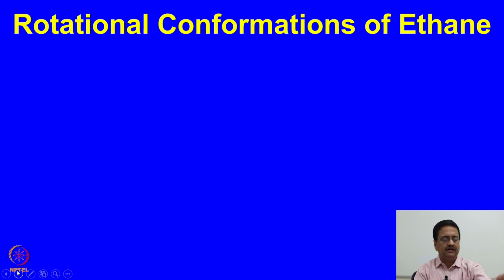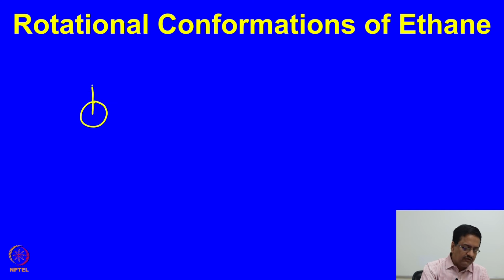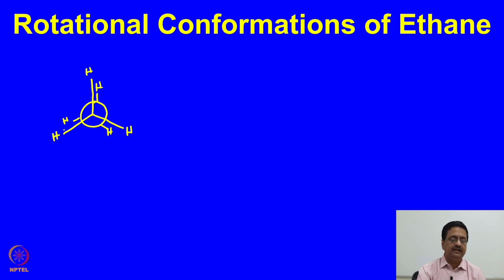What we have learned by now is that using Newman projection one can identify different conformations, and we have names for those different conformations. When the hydrogens are one behind the other, or in case of dibromo, when the bromine is behind bromine and hydrogen is behind hydrogen, that conformation is called the eclipsed conformation.